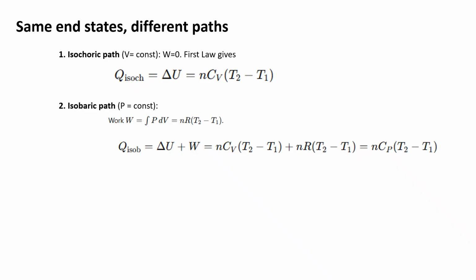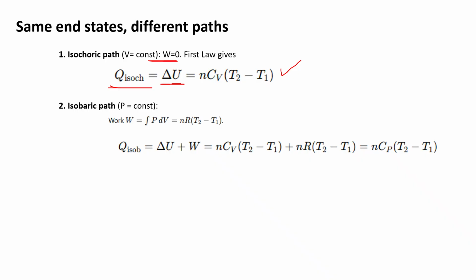First, we look at the constant volume path, that is the isochoric path. We know that in a constant volume process, work done is 0. So net heat is equal to the change in internal energy, which is n Cv (T2 minus T1).